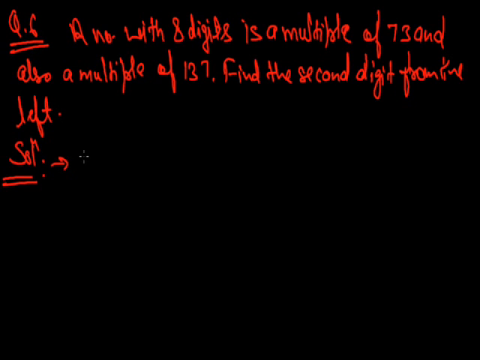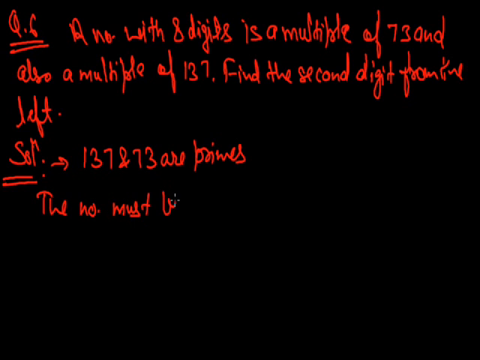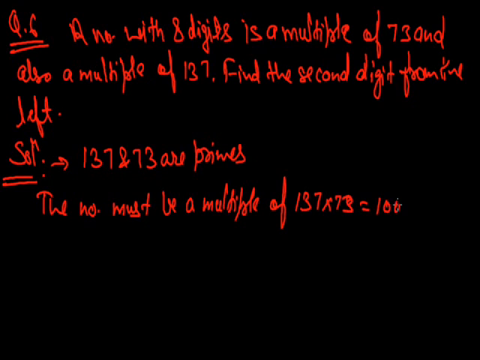As we are given that the number is a multiple of 137 and 73, and as we know that 137 and 73 are primes, the number must also be a multiple of the product of 137 into 73, that is 10,001.